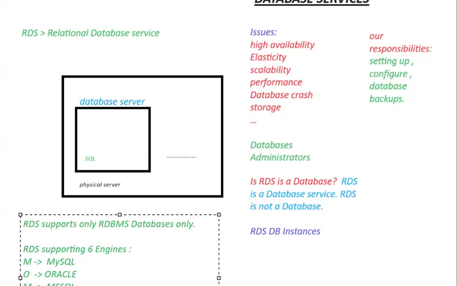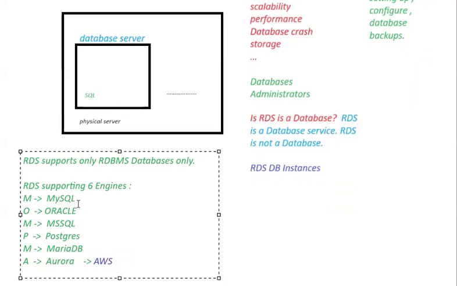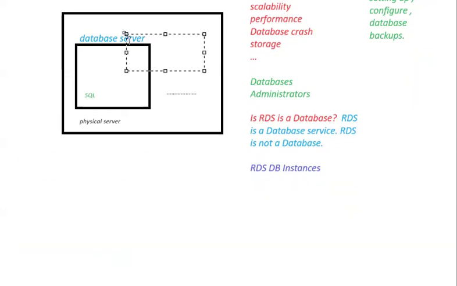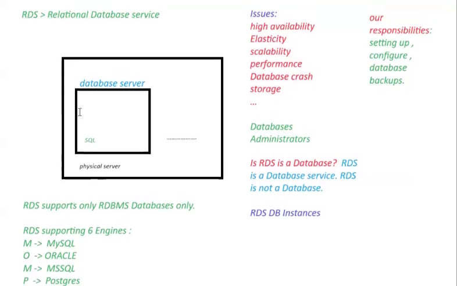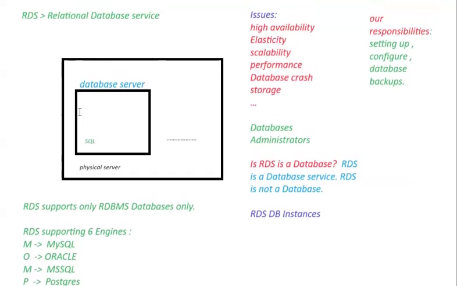What is it? RDS, Relational Database Service. What engines does it provide? MySQL, Oracle, MS SQL, PostgreSQL, MariaDB and Aurora. Which database engine is provided by AWS? Aurora.